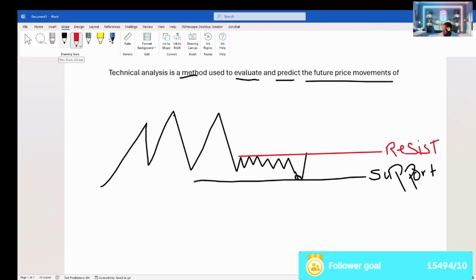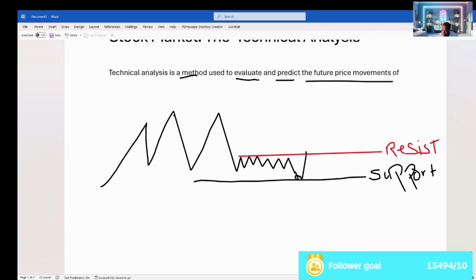We're just going to go very slow, especially for beginners. Most of the time, this stock can break and move higher. It can also have what we call a fake break. It breaks the resistance, then comes back.